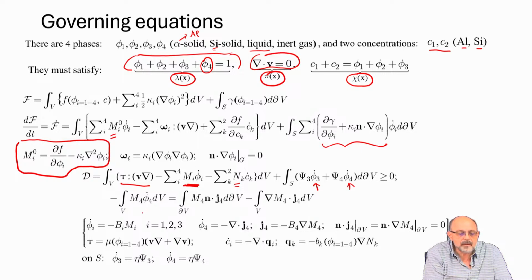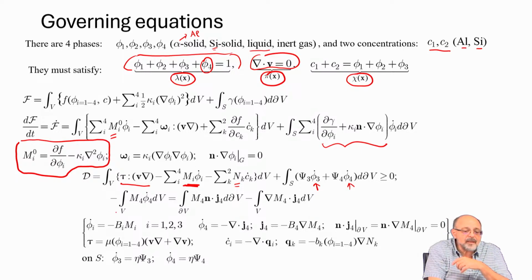So now, which phase is conserved here, which phase is not? If I look at a closed system, only my gas phase is conserved. Aluminum and silicon could both be part of the liquid. They can increase or decrease their volume or mass, and they mix with the liquid.